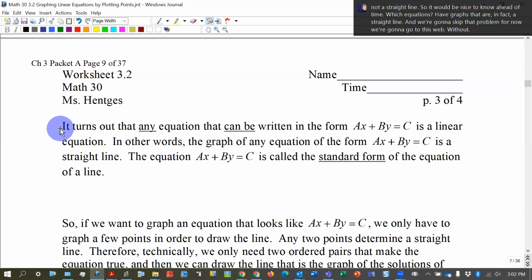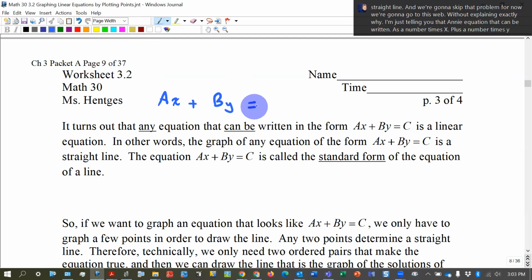Without explaining exactly why, I'm just telling you that any equation that can be written as a number times x plus a number times y equals a number, it is a linear equation.